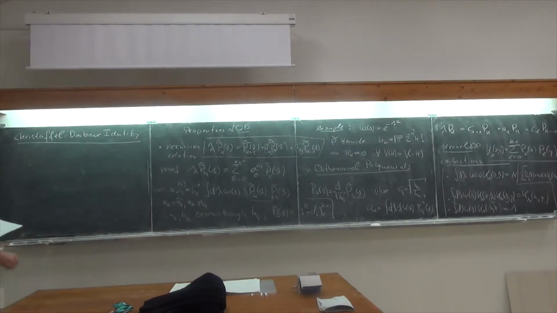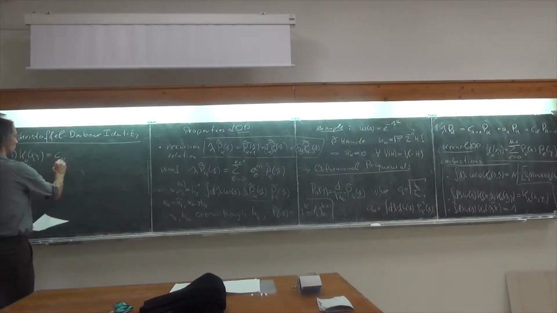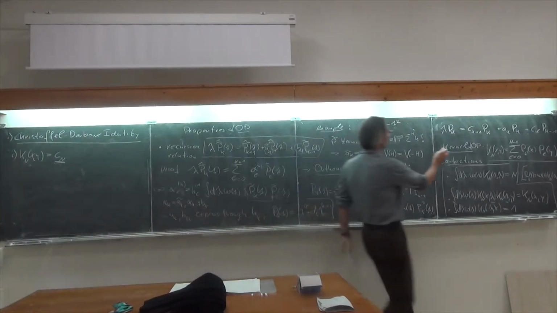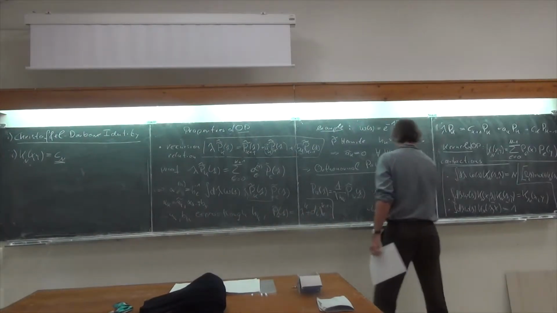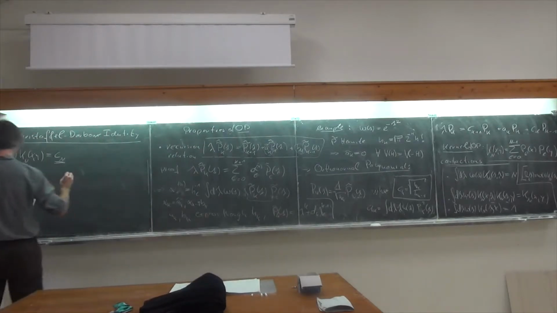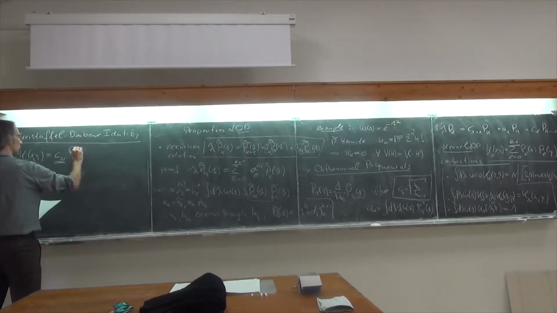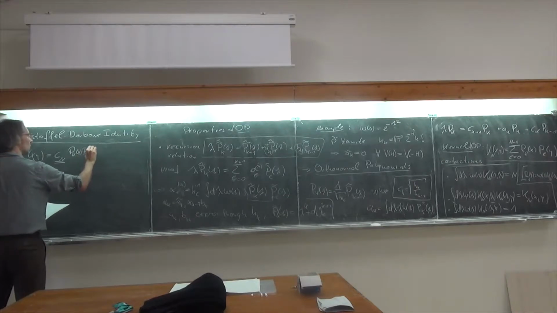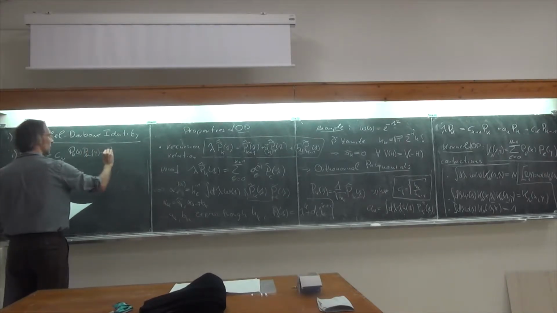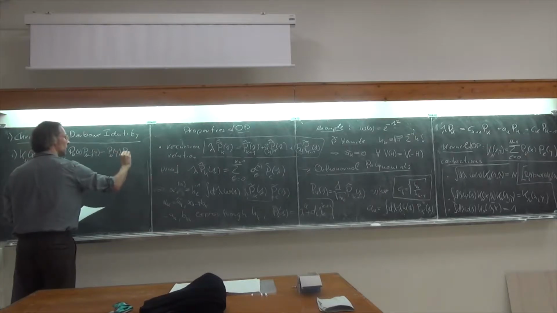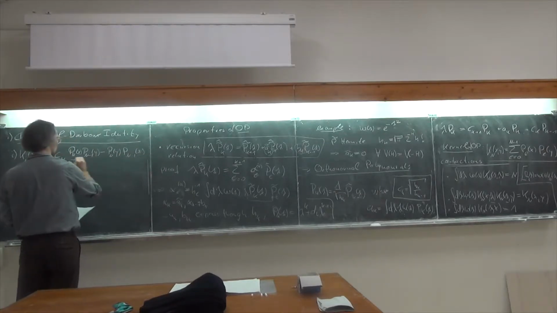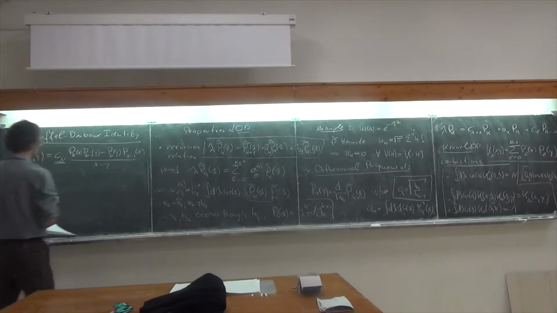So what is that? First of all, and this is really the Christoffel-Darboux identity, Kn of x and y is equal to Cn, where from now on Cn will be something specific, times Pn of x, Pn minus 1 of y, minus arguments exchanged, Pn minus 1 of x, Pn of y, over x minus y.